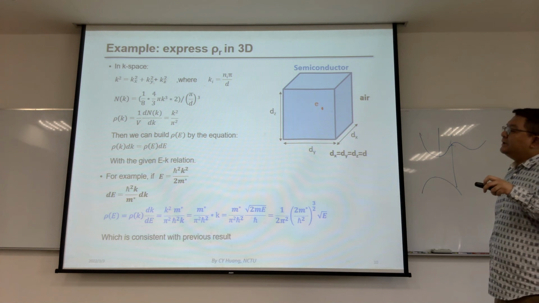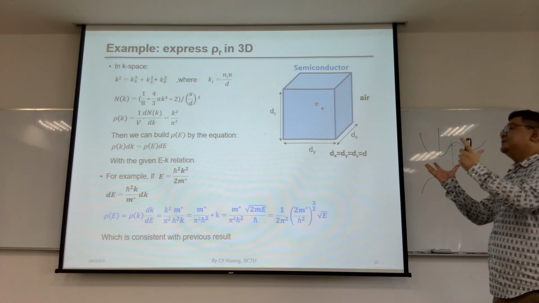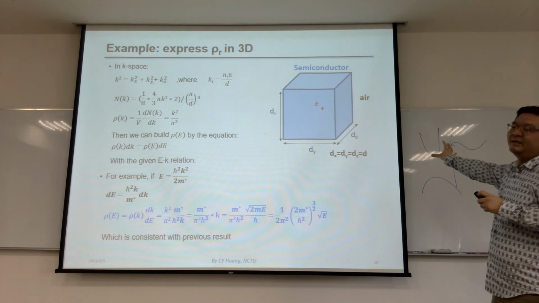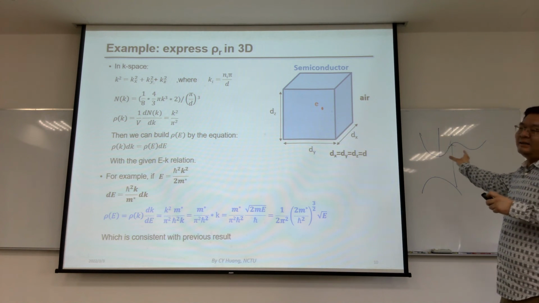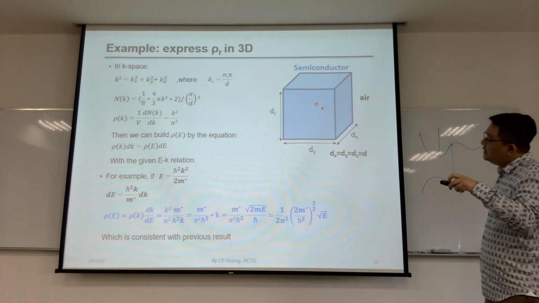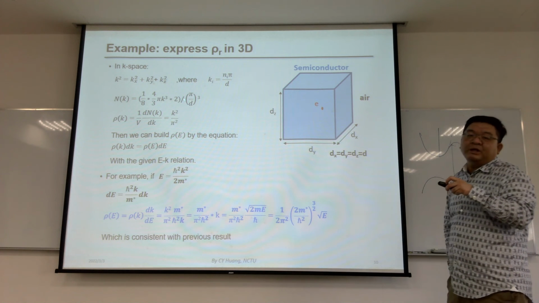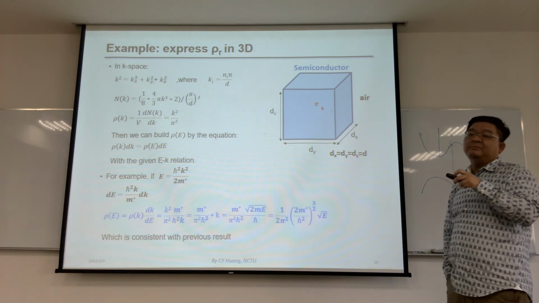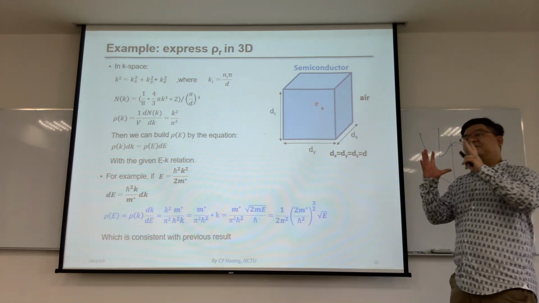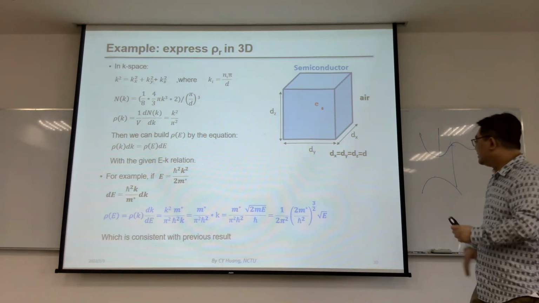So for the number of states in a sphere, you probably have seen the same thing in other classes like semiconductors, so let's take a review. The factor of one-eighth is because we only want to take the positive numbers, so for the volume of the sphere, you can only take the first octant.